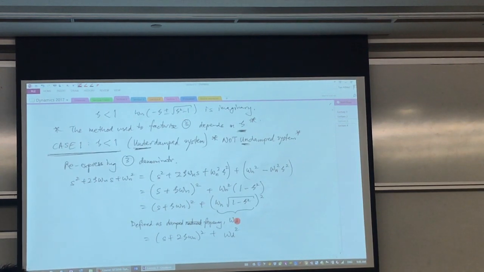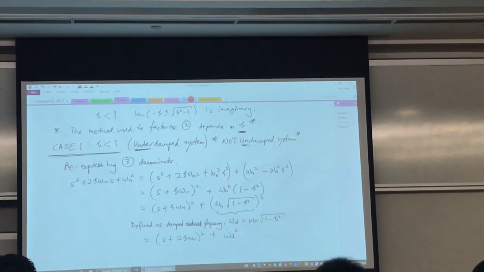So this term omega d is equal to omega n square root 1 minus zeta squared. If you're wondering, do I need to memorize that? Actually, you don't have to, because I've inserted it into your data sheet. That's awesome. Where is it in the data sheet? Let's have a look. I'll come back to this slide.